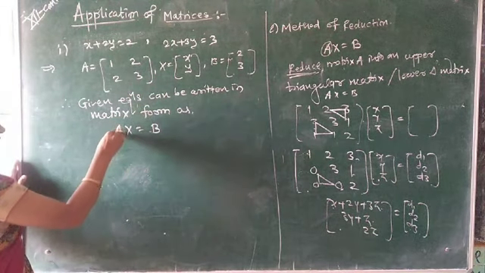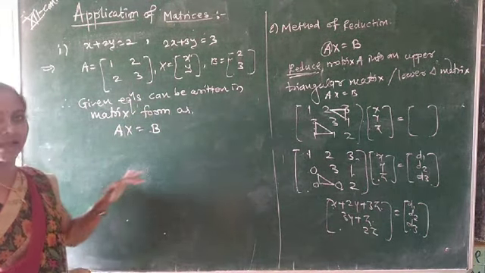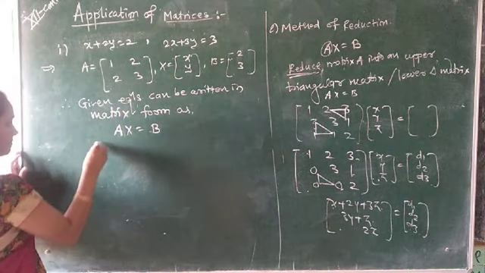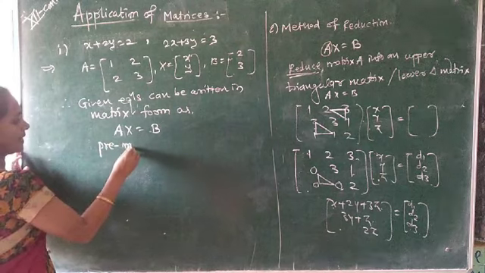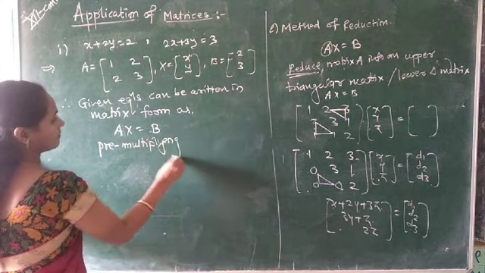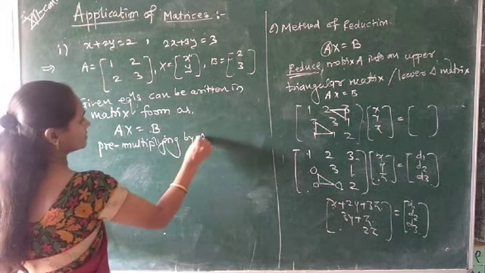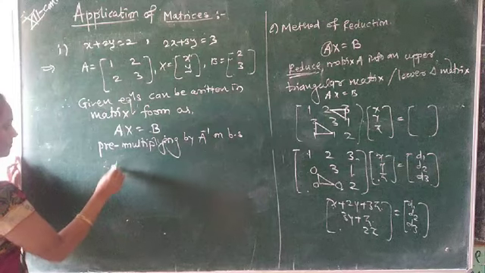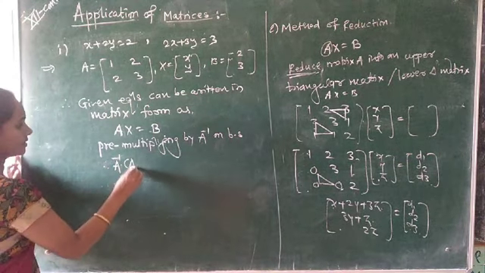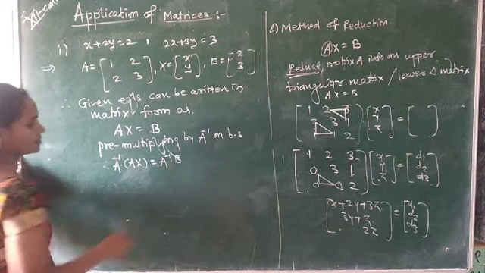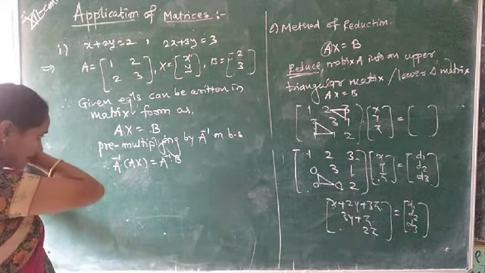First, we pre-multiply by A inverse on both sides, using the method of inversion. Therefore A inverse into AX is equal to A inverse into B. There is a difference between pre and post multiplication.